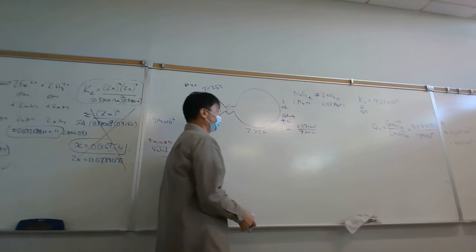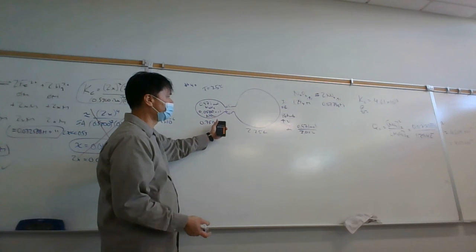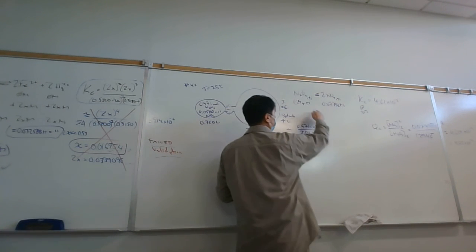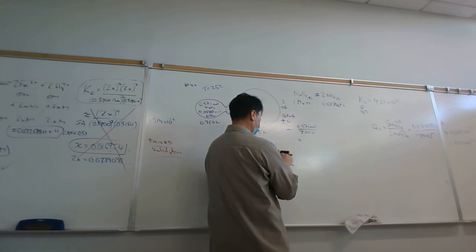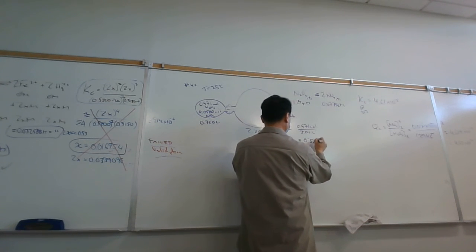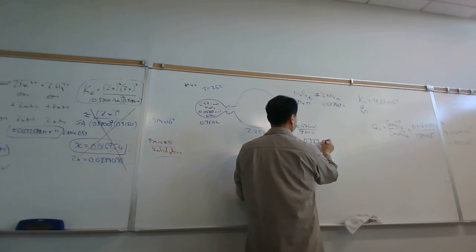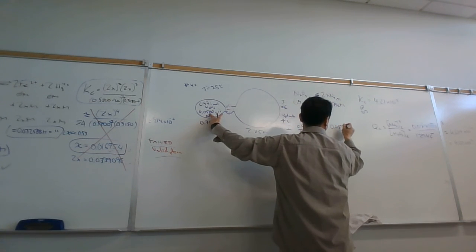But first we have to figure out why it's going to shift. Well, originally it was at equilibrium. And so now the new molarity of this is going to be 0.971 divided by 3, which is 0.3236 molar.